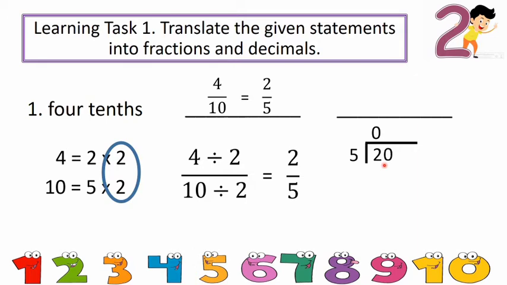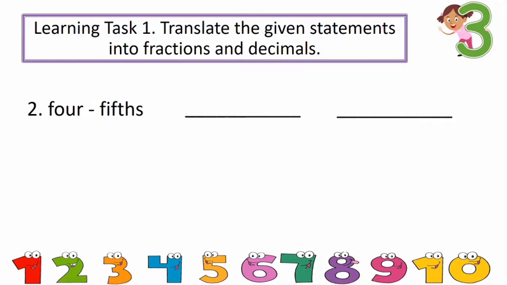After adding 0, remember that we have to put a decimal point in our quotient. Then divide. 20 divided by 5 is 4, and 4 times 5 is equal to 20. Then subtract, and it will be equal to 0. So therefore, the decimal form of 2 over 5 is 4/10.